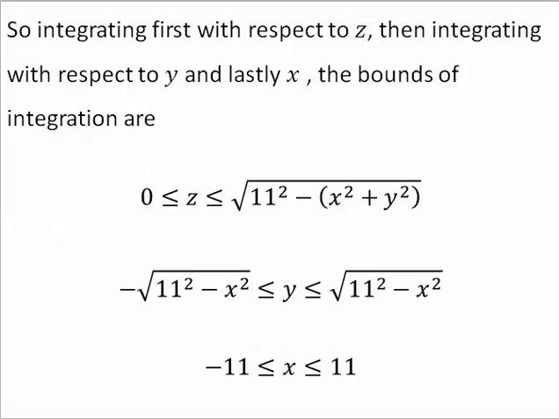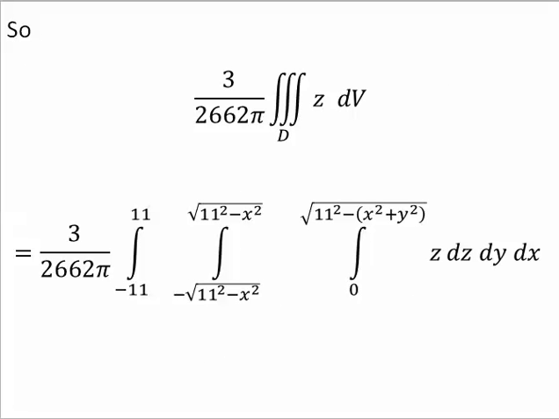So integrating first with respect to z, then integrating with respect to y, and lastly x, the bounds of integration are given here. And so our integral becomes this triple integral.